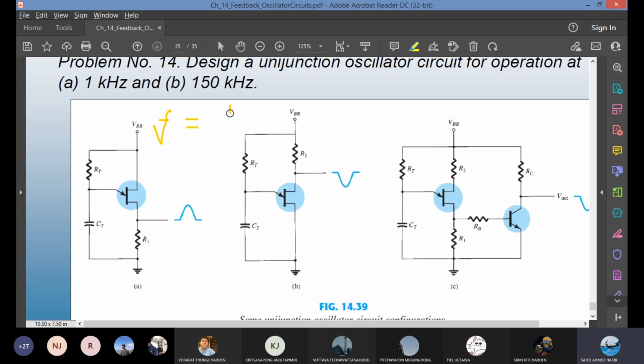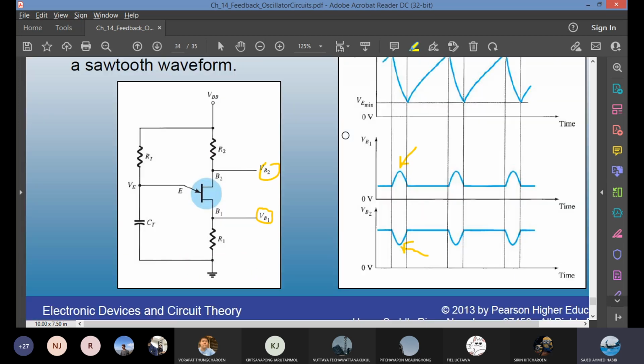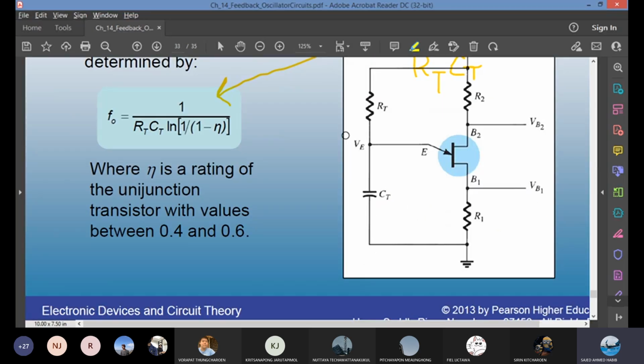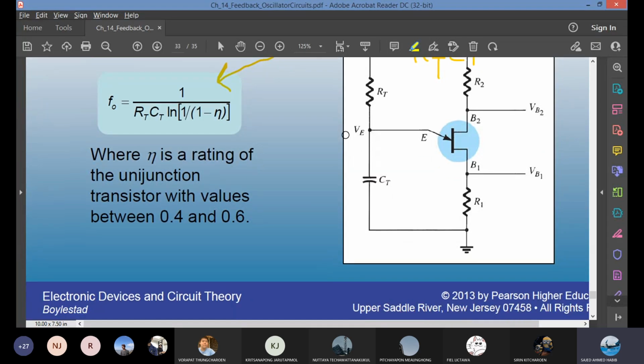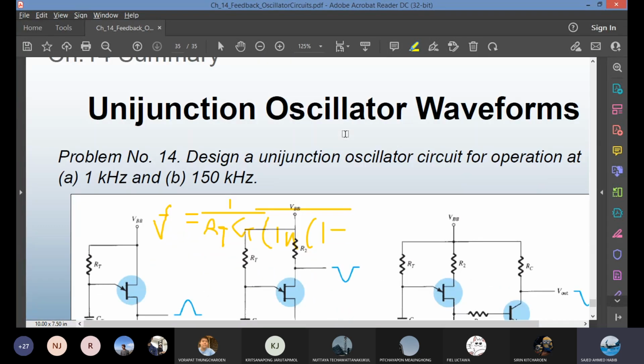You can say the formula is 1 over RTCT and then the natural log of 1 over 1 minus the Greek symbol eta.